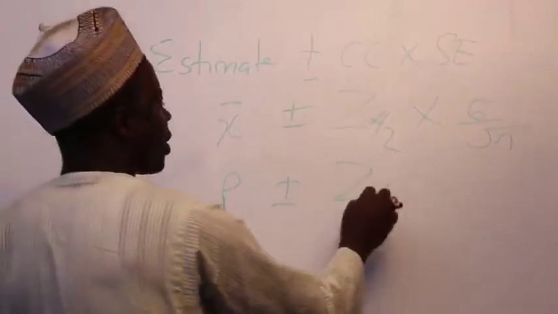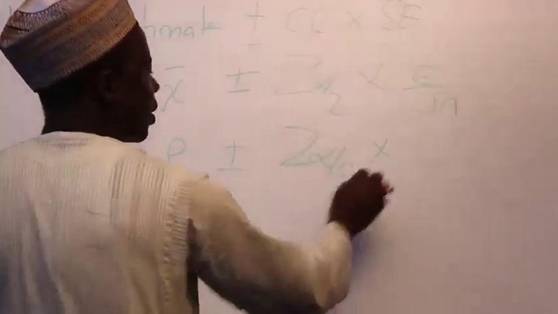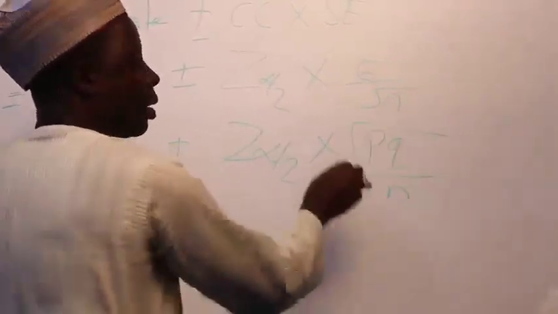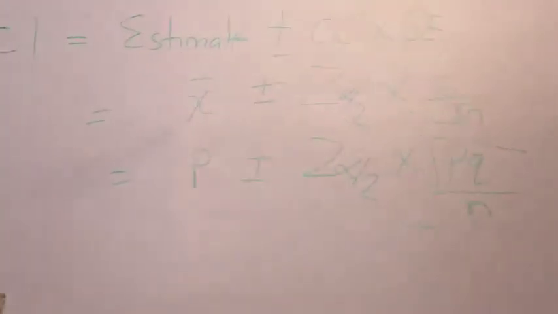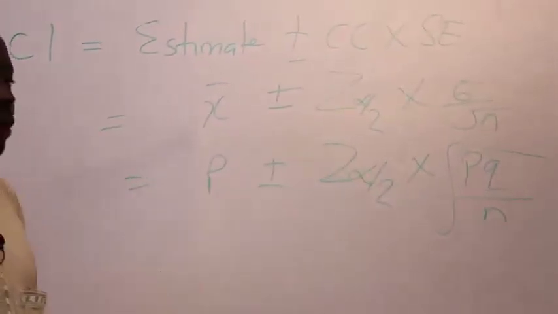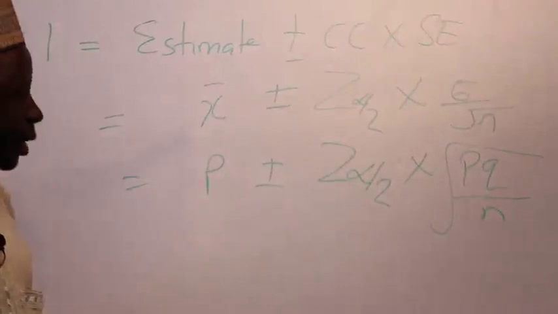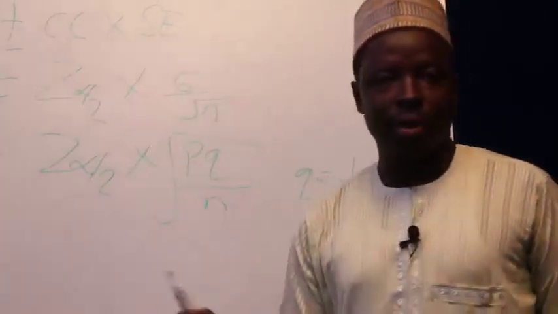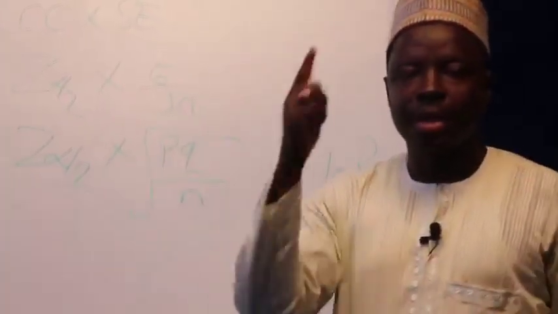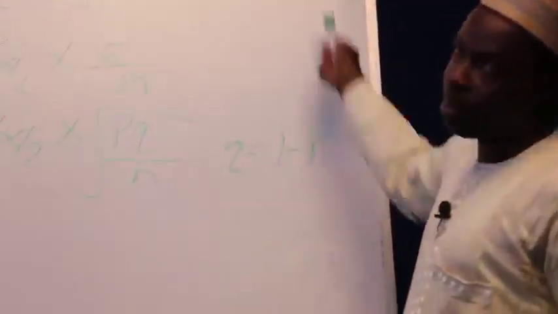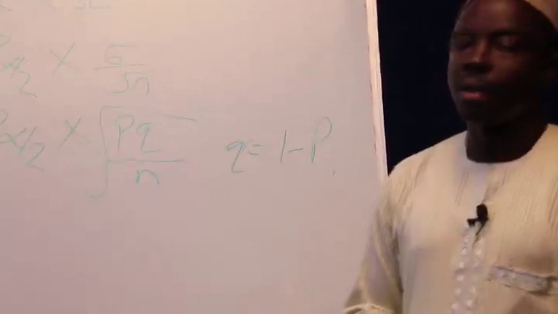The confidence coefficient is the same, but the standard error is the proportion times the complementary probability, P times Q, all over n, root. And usually Q is given by Q equals 1 minus P, because the principle of probability shows the total probability space equals unity, that is 1. If you know the proportion, then 1 minus the proportion will give you the complementary probability.